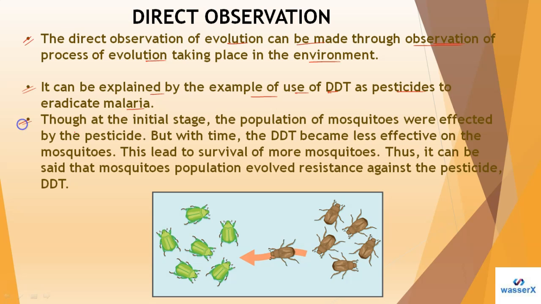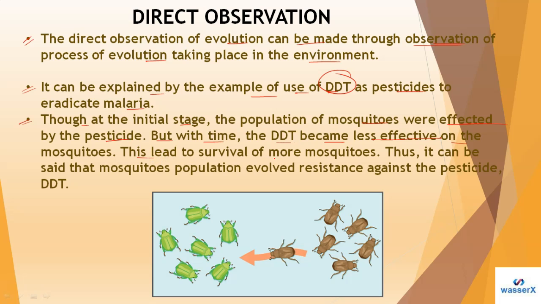In the initial stage, the population of mosquitoes was affected by the pesticide, DDT. But with the passage of time, DDT became less effective on the mosquitoes. Why? That's a question.